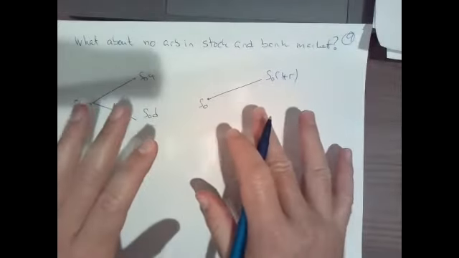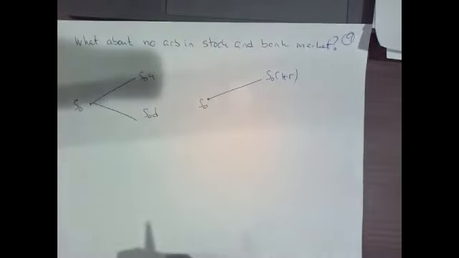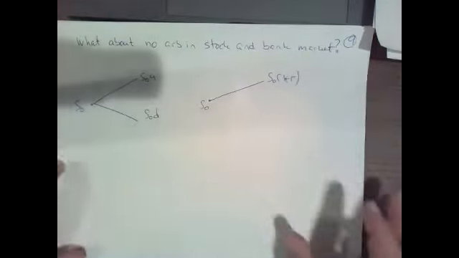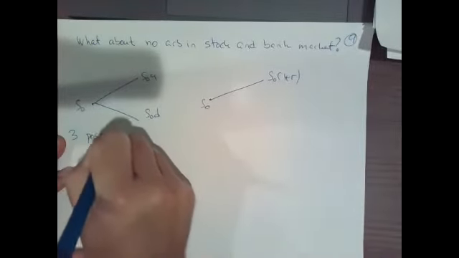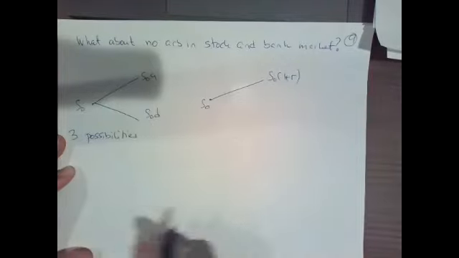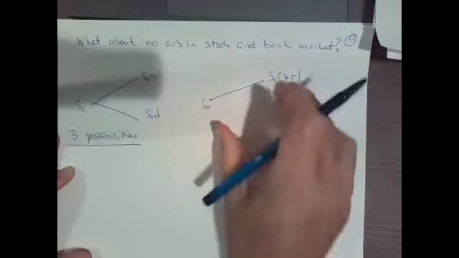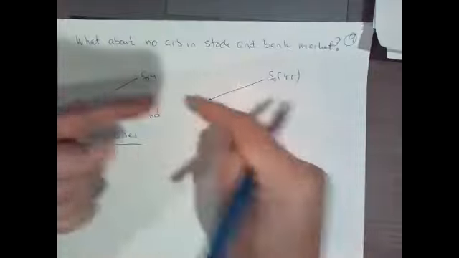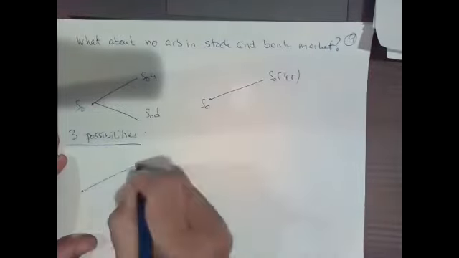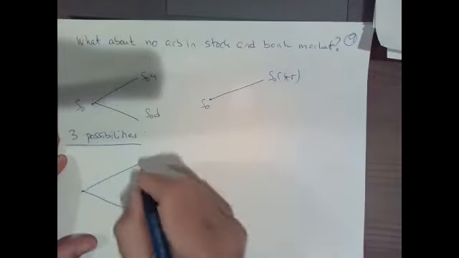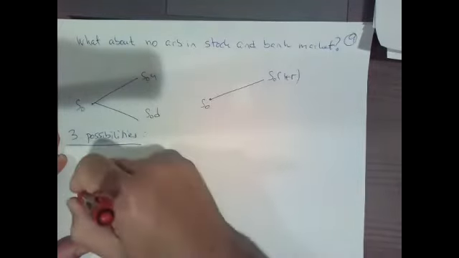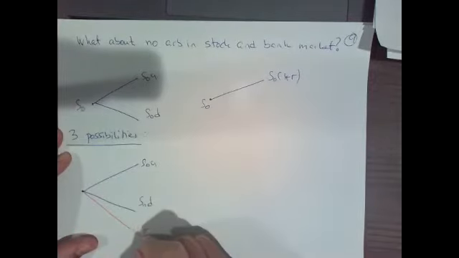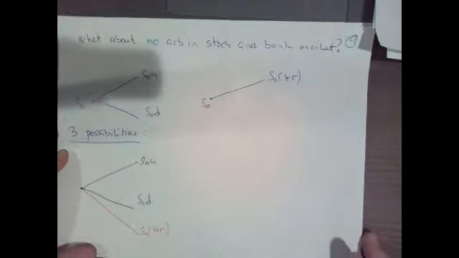When are these two things consistent with no arbitrage? Well, I can combine them so I can see the 3 possibilities. I can combine them into one diagram, and this would be the first one. Let me make it red. That's the first possibility.